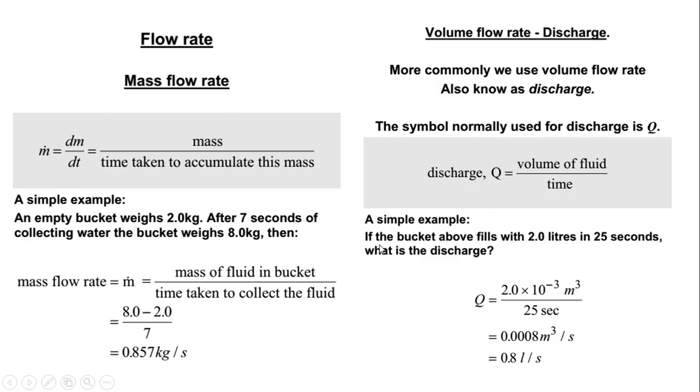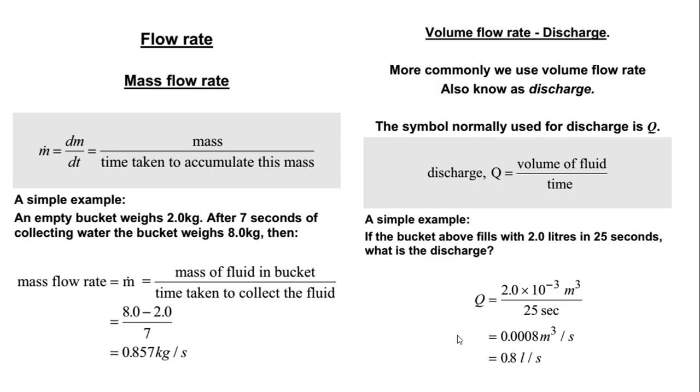Okay, so now if you want to find the discharge for a bucket that was filled with 2 liters of water in 25 seconds, what you need to do is first convert these liters to cubic meters, which is the SI unit for volume, and divide by the seconds. Then you get your answer as 0.008 cubic meters per second.